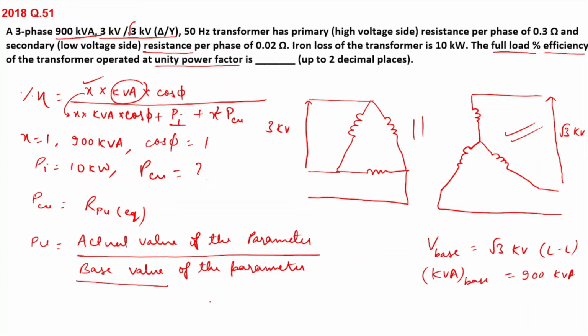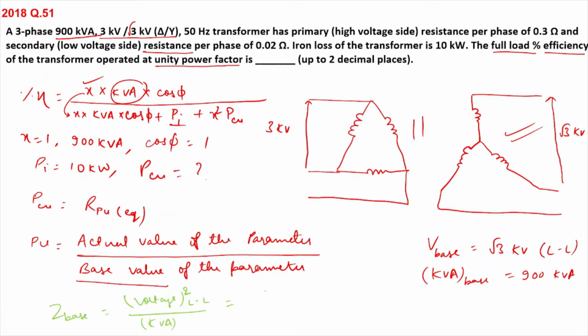Now we need to calculate Z base. Let me change the color here so that we won't be confused. So Z base would be voltage base squared, line to line, divided by kVA base. Here you can also do it by seeing the units. So here V by I would be the equivalent unit.